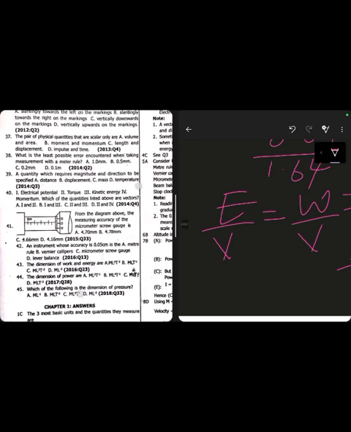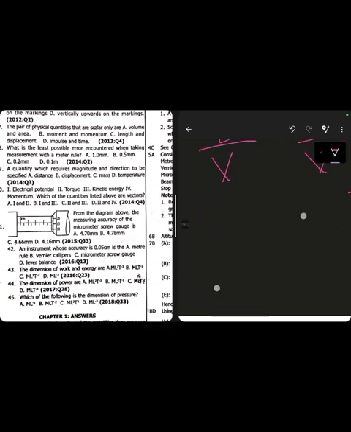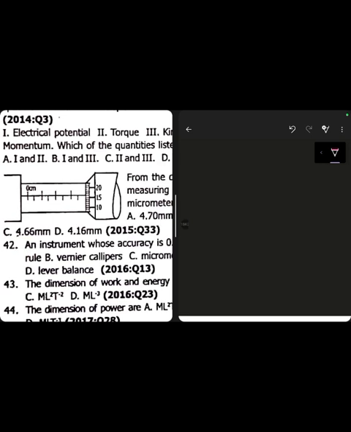Let me take 41. From the diagram above, the measuring accuracy of the micrometer screw gauge is dash. So let's try and wrap up that one. Let's first get the main scale. 0, 1, 2, 3, right?